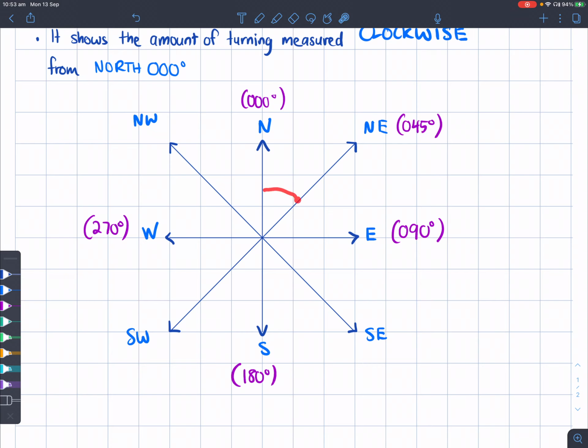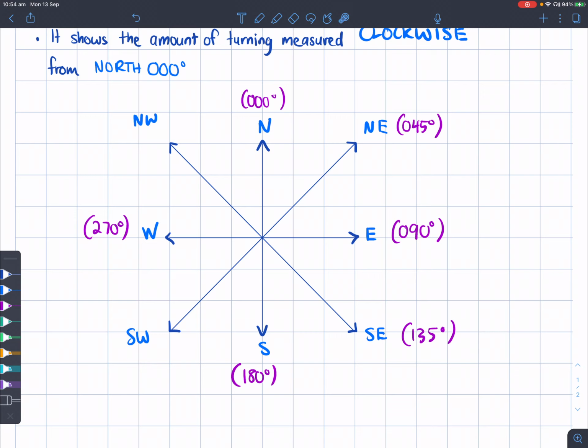Each of these angles I am drawing is 45. If this is already 90, I need to add another 45 to get to southeast. So 90 plus 45 gives a true bearing of 135 degrees.